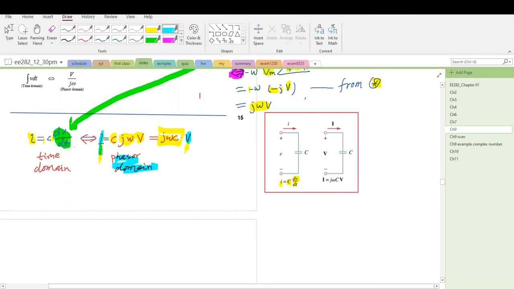The relationship of the current and voltage becomes proportional to each other by a complex constant, j omega C.